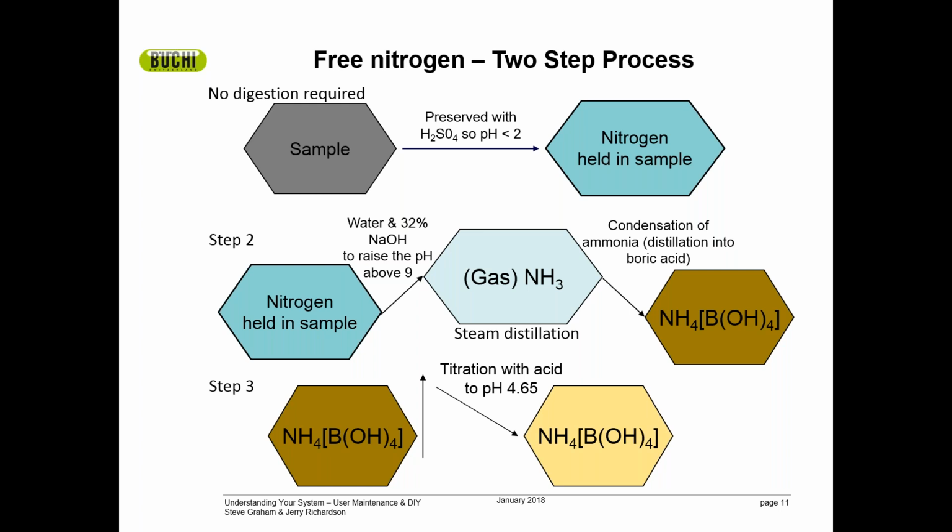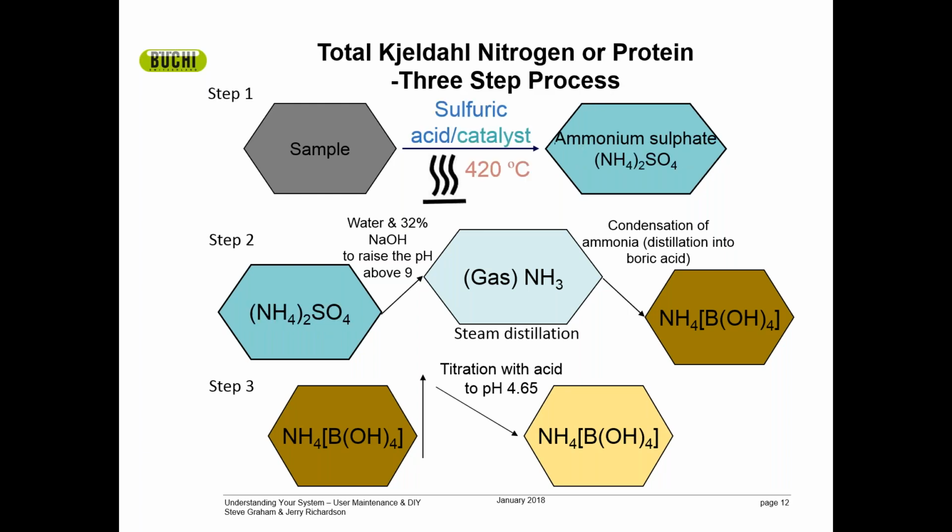The sample is preserved with sulfuric acid at a very low pH, somewhere below pH 2. That holds all of the ammonia in the solution. Then we take that solution and raise the pH in a closed system to above 9. That releases the gaseous ammonia, which is then distilled and collected by boric acid. That boric acid is then titrated.